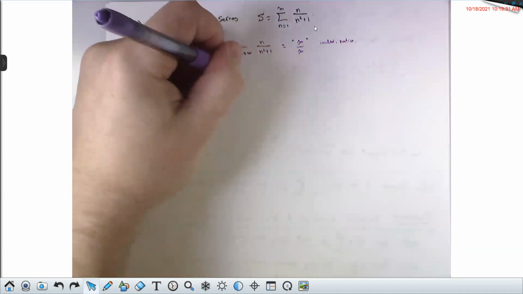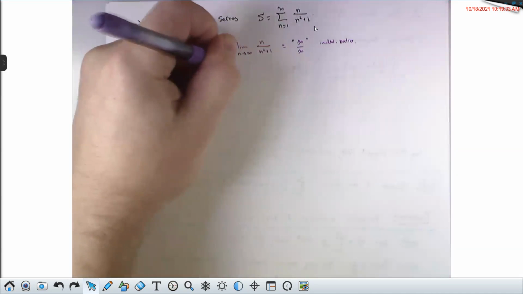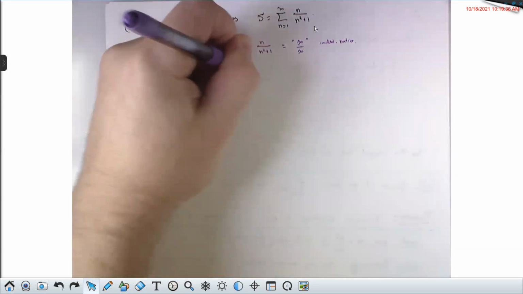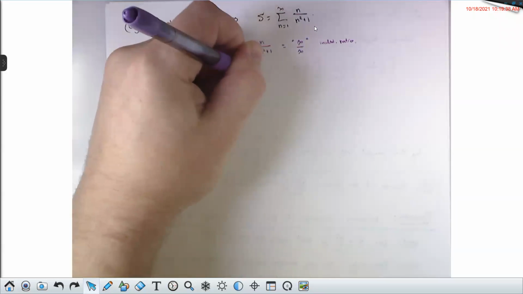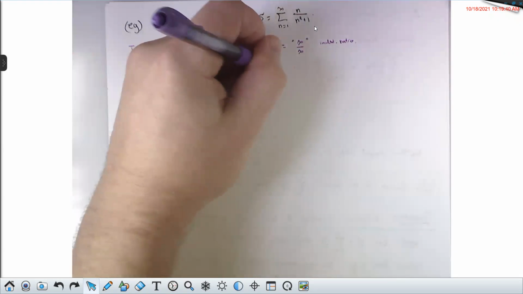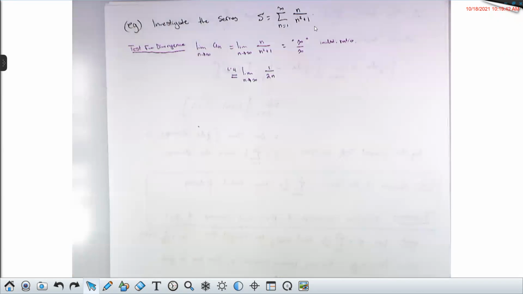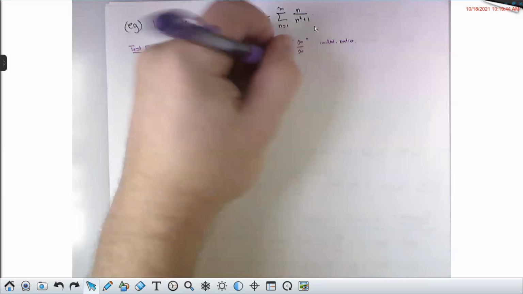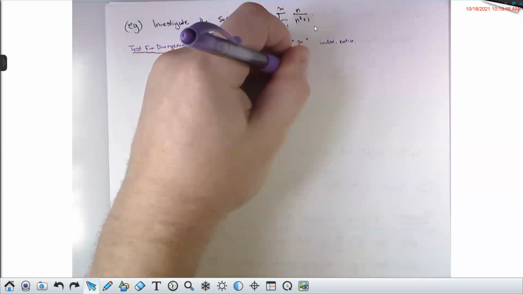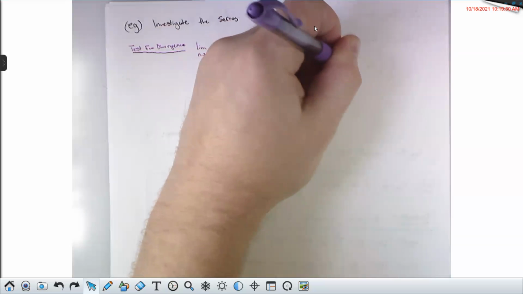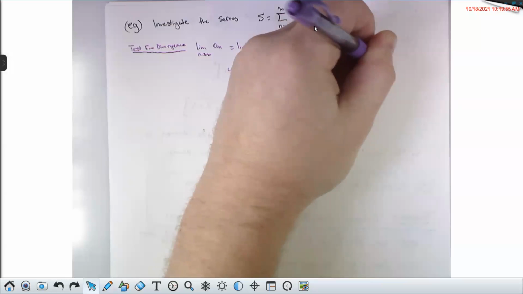So we could, if we want to, apply L'Hopital's rule, and we see that this is the same as the limit as n goes to infinity of 1 over 2n, which is 1 over infinity, which is 0. So the test for divergence is inconclusive.